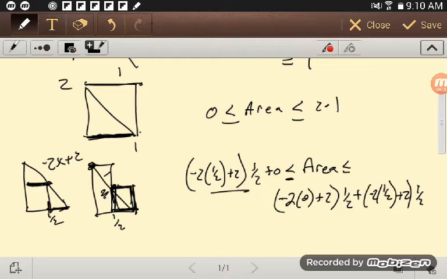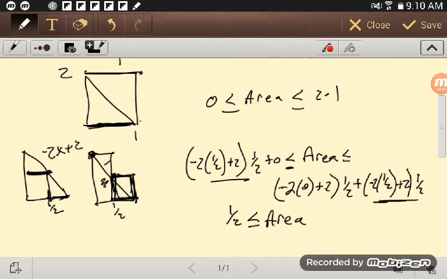Minus 2 times 1/2 is minus 1, plus 2 is 1 times 1/2, so I get 1/2, and that's less than or equal to the area. So this one is 1/2. This one is 2 times 1/2, or 1. So the area is between 1/2 and 3/2.